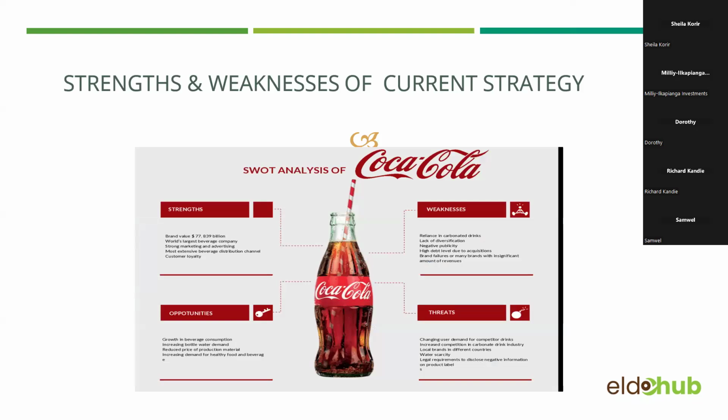So when it comes to strategies, especially kwa target audience, there's something we have discussed, it was SWOT analysis. So this is the SWOT analysis of Coca-Cola. For Coca-Cola, when it comes to messaging, one of their biggest strengths is their brand value.